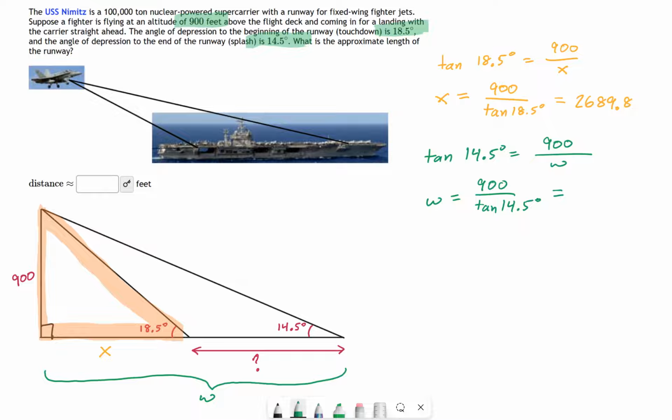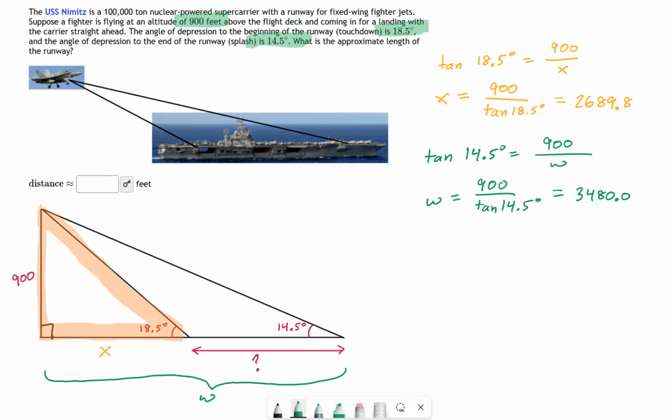And that equals, let's see, 900 divided by tangent 14.5, 3,480.0. Okay, those are my two distances of interest.